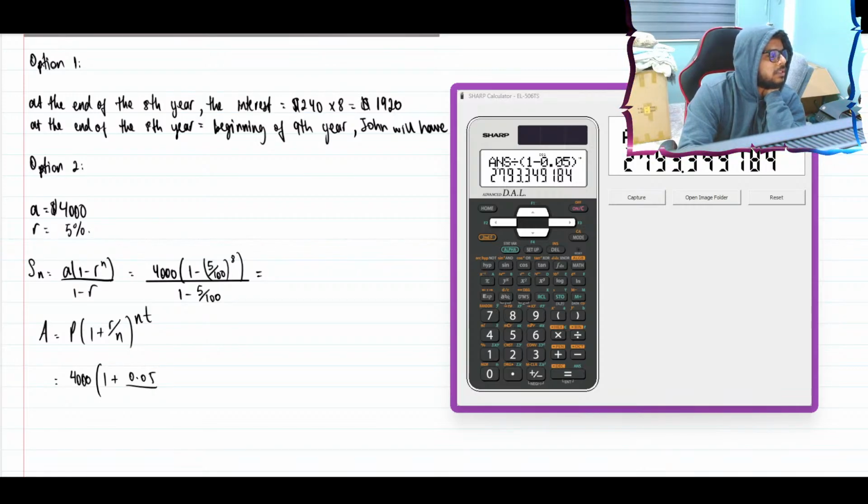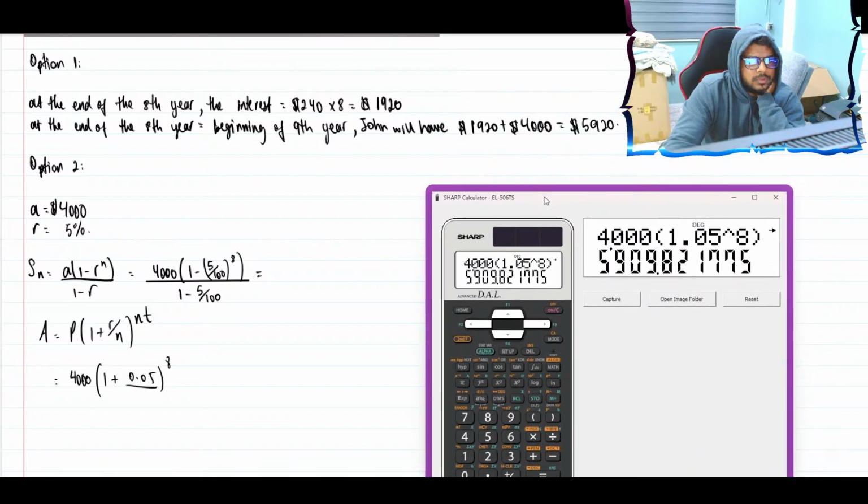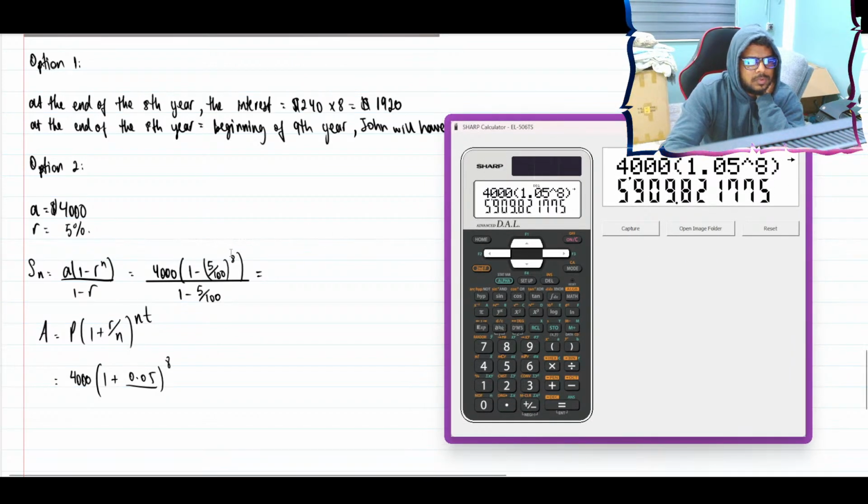N is the number of times in the year, so n will be 1, to the power 8. 1.05 to the power 8. That's looking more like it. It's supposed to work too, you know.